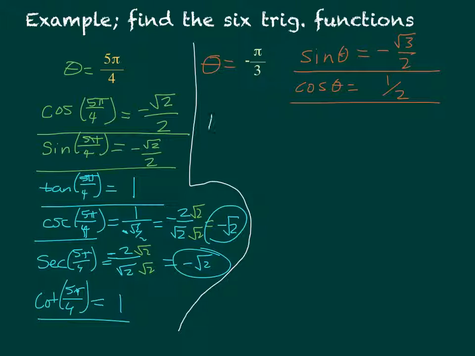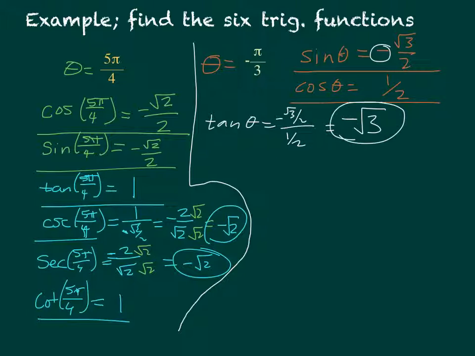Okay, so now we're going to use those to find the rest of them. So first thing I'm going to do is find tangent of theta, which is just sine over cosine. So that would be the square root of 3 over 2 divided by 1/2. And so we invert and multiply, giving me square root of 3. But remember that sine is negative, so I should put that there, making our tangent negative square root of 3.